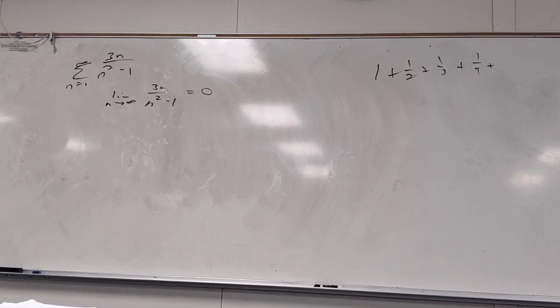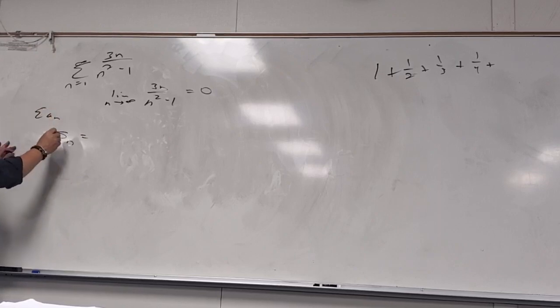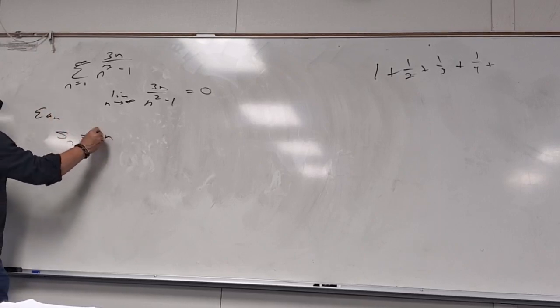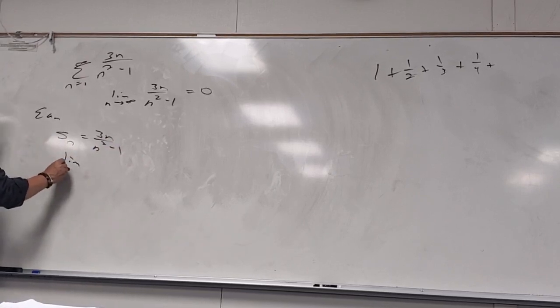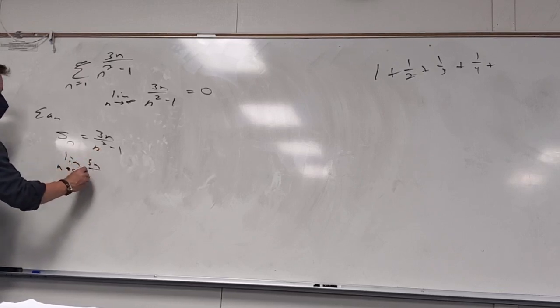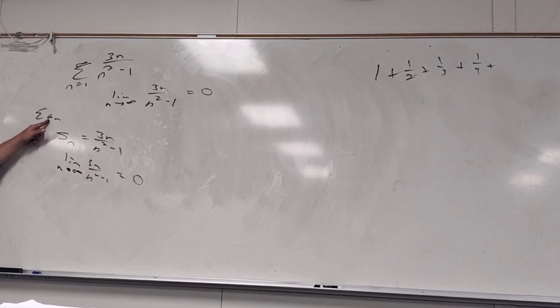If I tell you that given some sum, the Sn's are this, we've seen problems like this, and the limit as n goes to infinity of this is still 0, does the series converge?